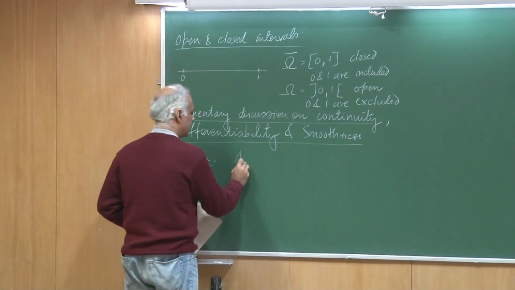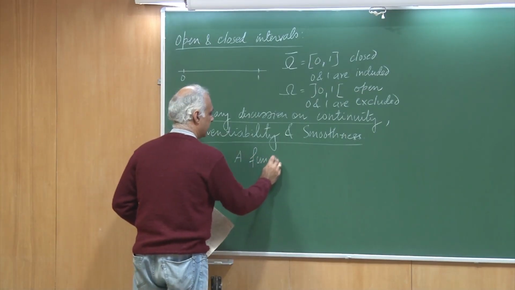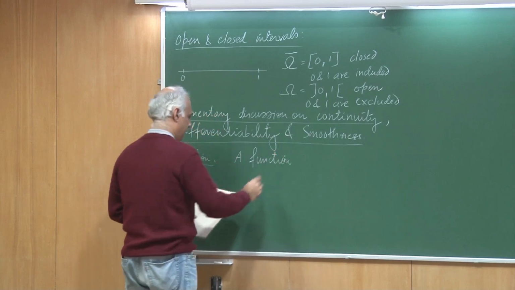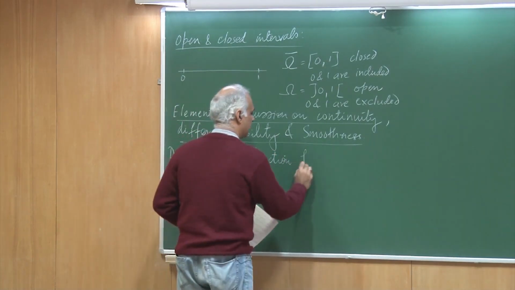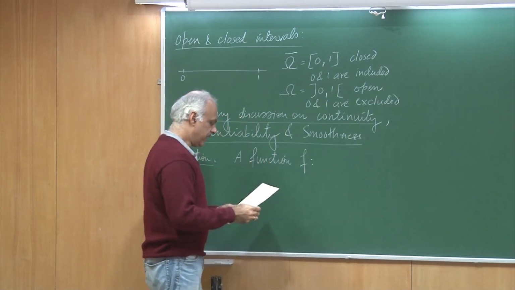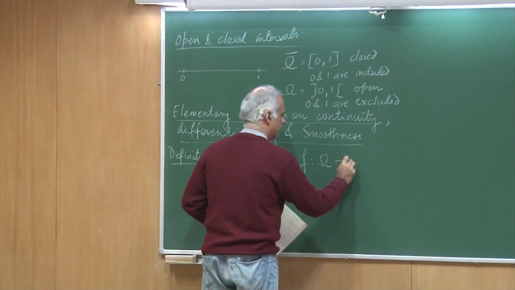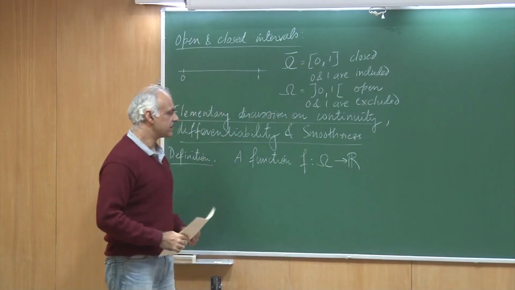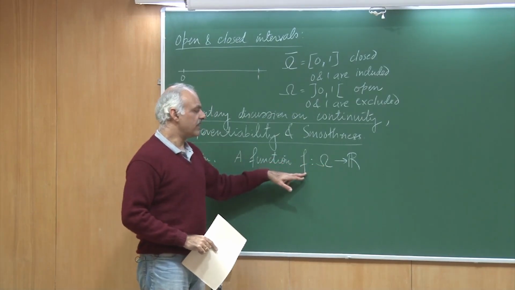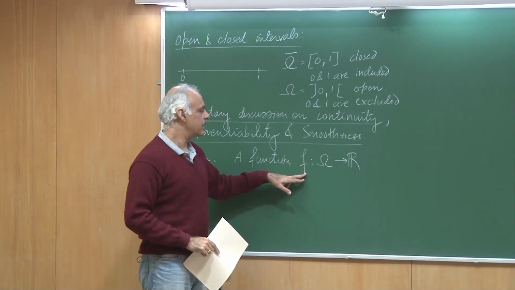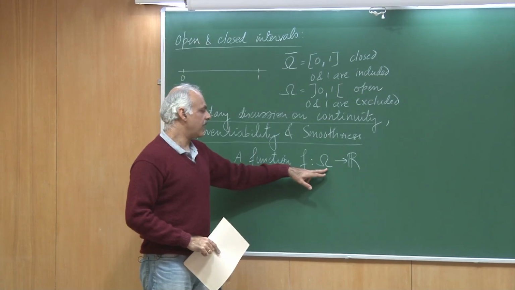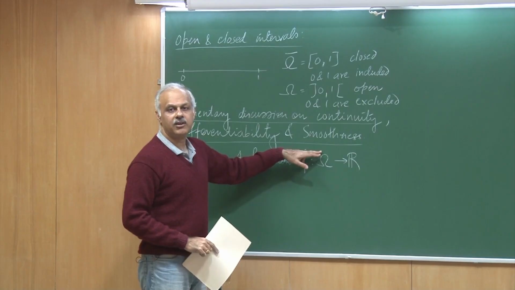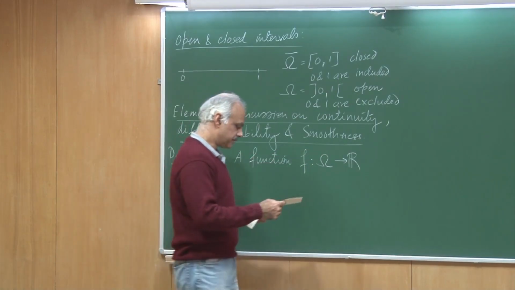A function f which is defined on omega and it's a real valued function. So I am talking about a function which is real valued and it is defined on this domain omega, and notice I have not put a bar on it, so it's an open domain.